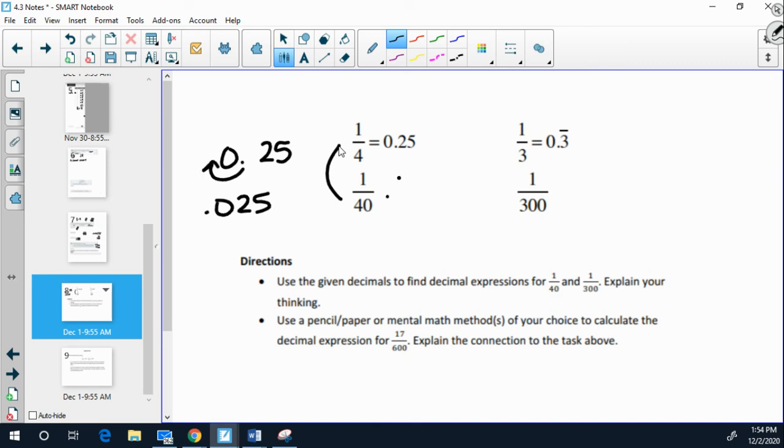And we get 0.025. Same idea here. This decreased by 100 times. So this 0.3, we would move the decimal 2 places, and we get 0.003 instead. So I just wanted to take a moment and show you another one of those patterns.